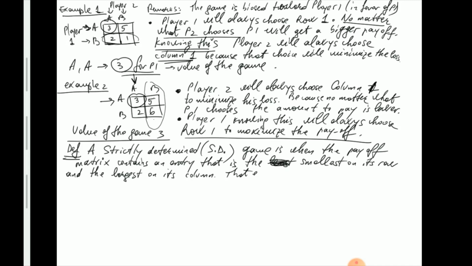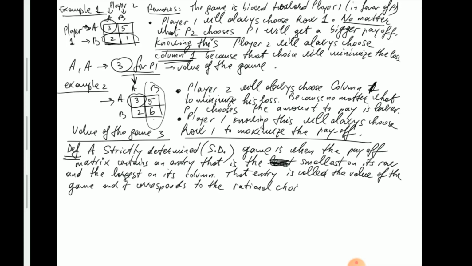That entry is called the value of the game. And it corresponds to the rational choices of the players.